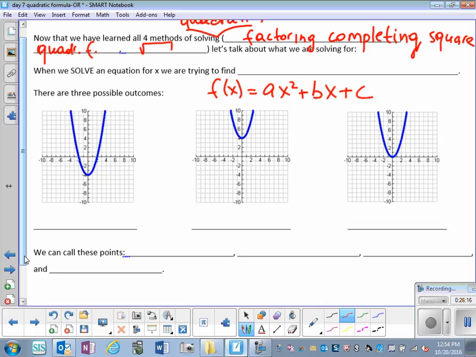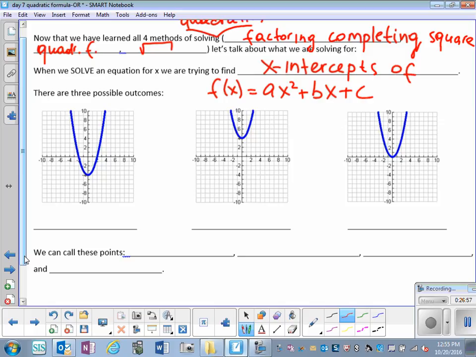So this is the function, quadratic function, right? When I set my function to 0 and solve it for x, what am I trying to find? What are the properties of the function? Specific points on those functions, on the graph. X-intercept, right? Of this function. So when we solve an equation for x, we are trying to find x-intercepts of the function.